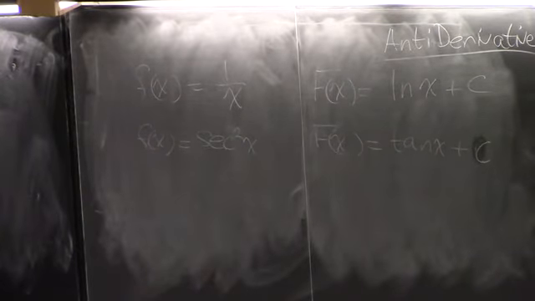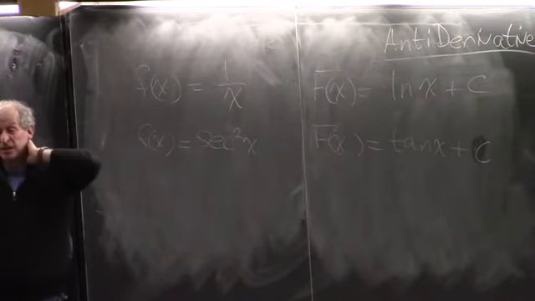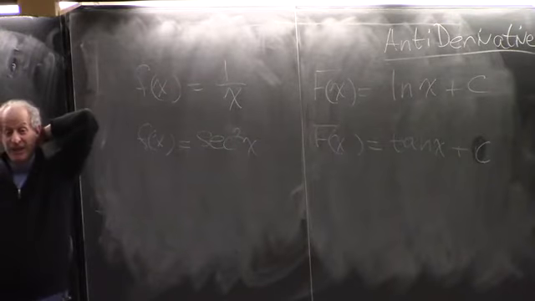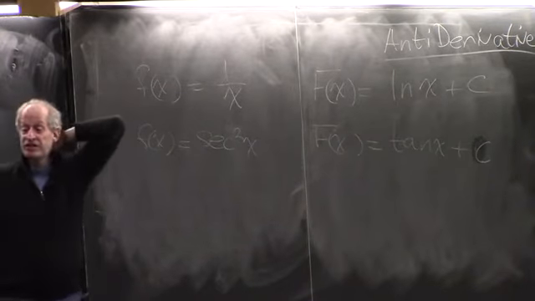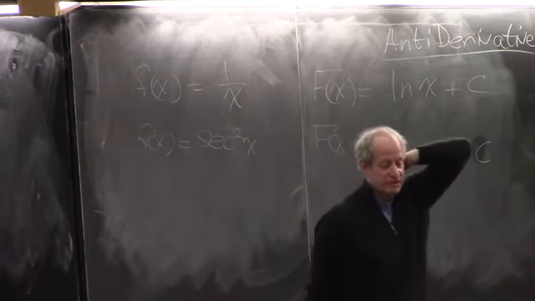Notice, I'm not going to give you tan x, because tan x is the derivative of what function? Not secant squared, it's the other way around. So you have to learn how to find the antiderivative of tangent. It's not as simple. It involves logarithms.